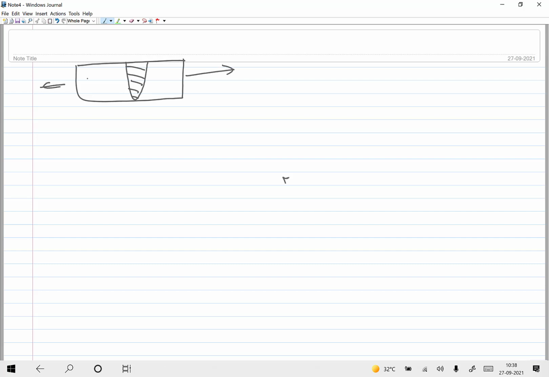There are three locations: A is the base metal, another base metal, and B is the weld. And what we have seen is that when there is application of heat or pressure, the properties of the base metal on both sides in the vicinity of the weld are affected, basically like this.